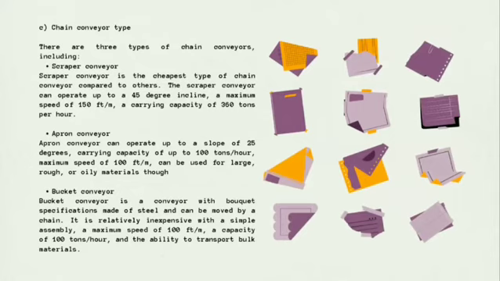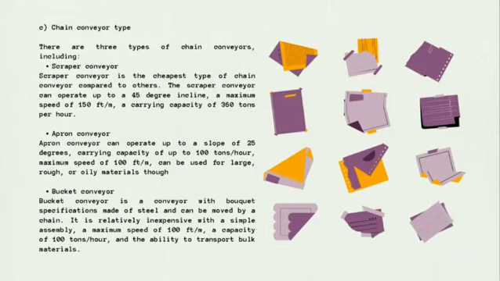Conveyor types. There are types of chain conveyors, including scraper conveyor. The scraper conveyor is the cheapest type of chain conveyor compared to others. The scraper conveyor can operate up to 5, reaching a maximum speed and a carrying capacity of 360 tons per hour.